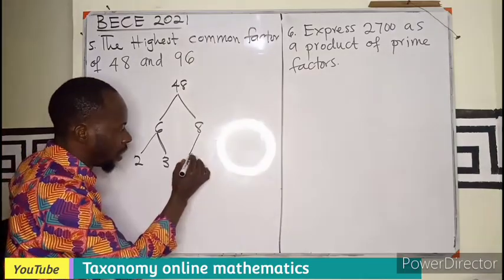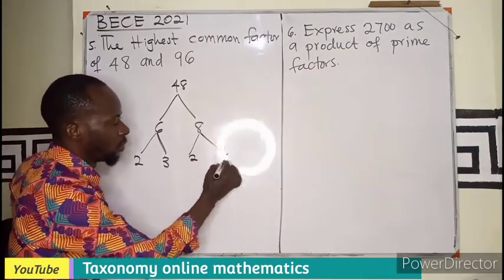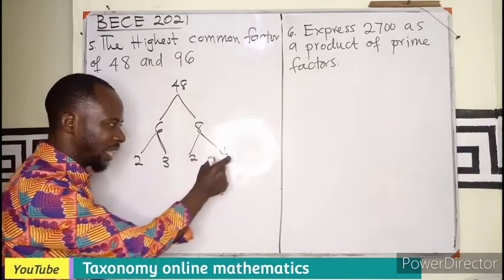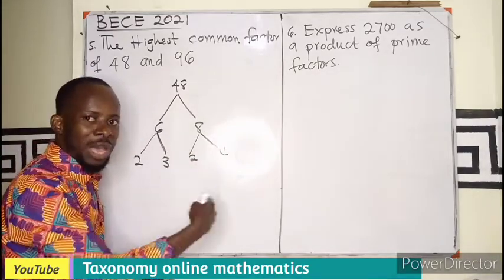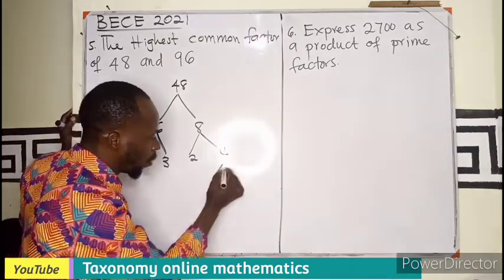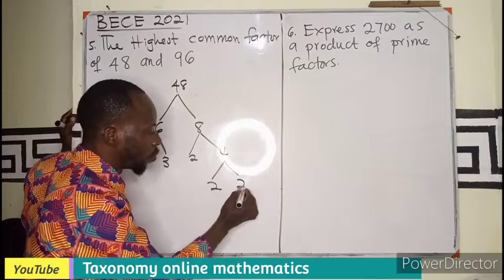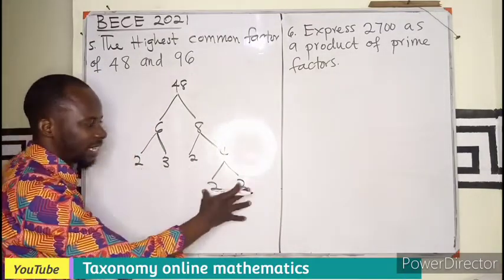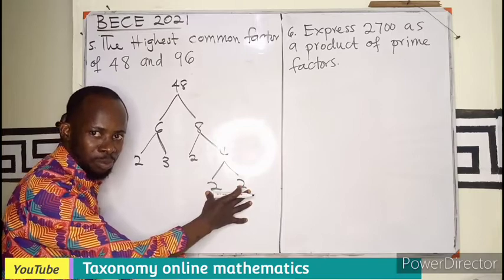Then here is going to be 2 and what? 4. 2 is a prime number, so I end there. 4 is not a prime number, so I begin on 4 again to find another factor. That will also give me 2 times what? 2.